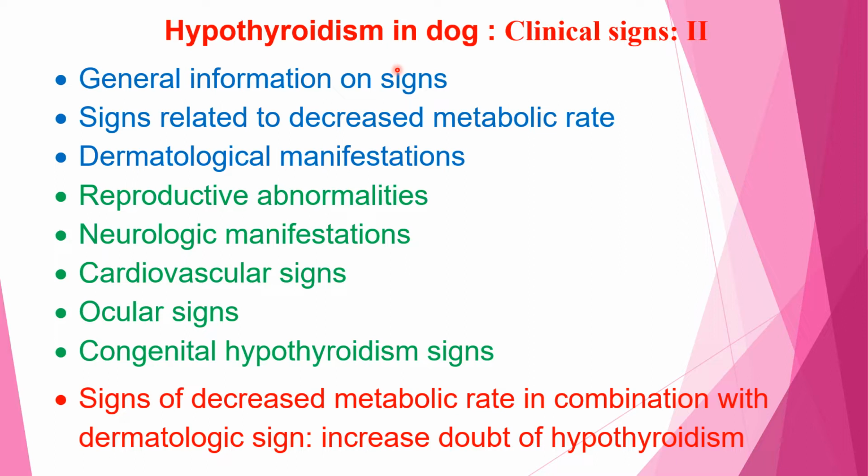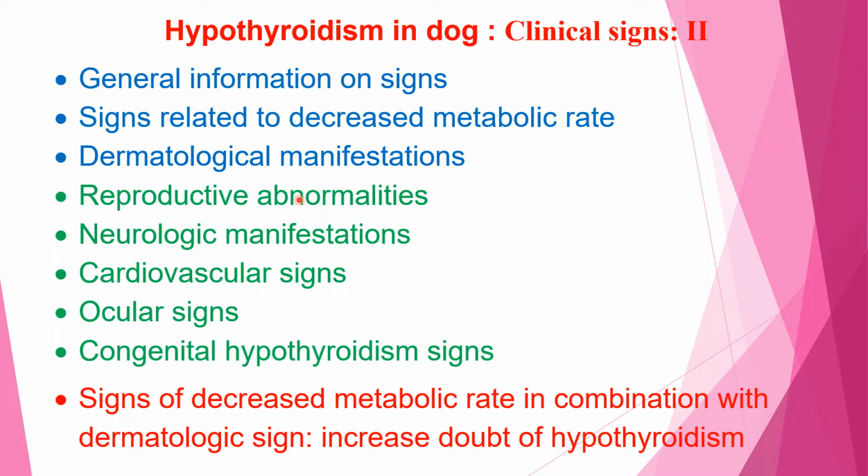We have two sets of clinical signs. Section 1 is mentioned here in blue color. First 3 points we have already presented in part 2. In this part 3, clinical signs set 2, we are going to present these green colored points.